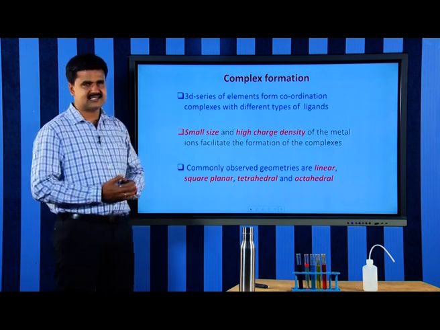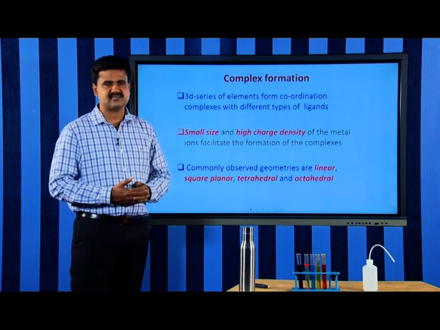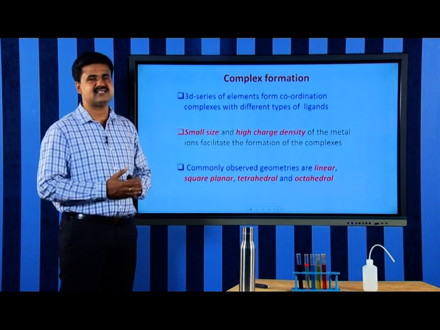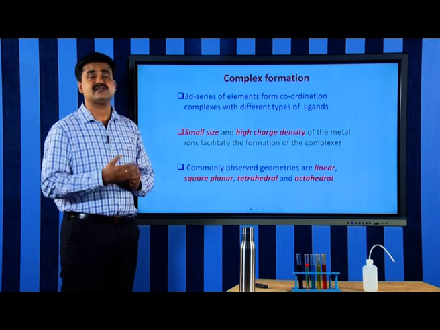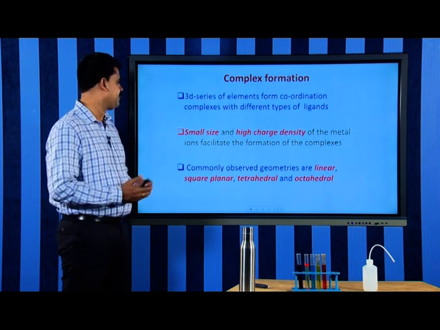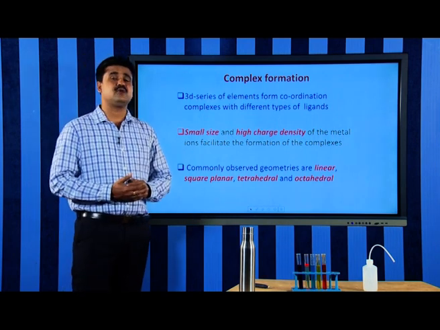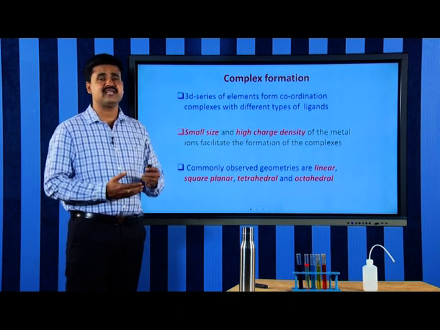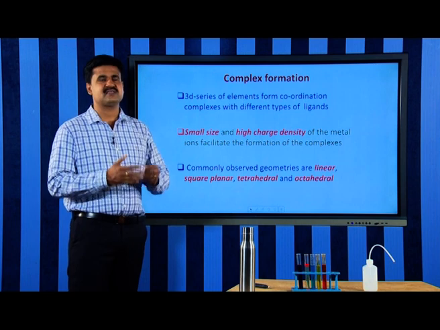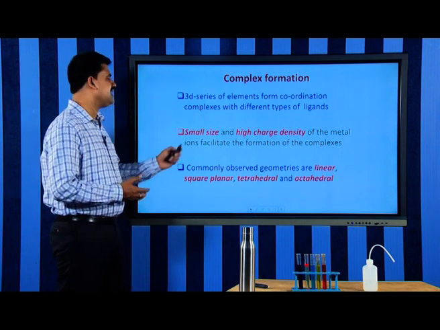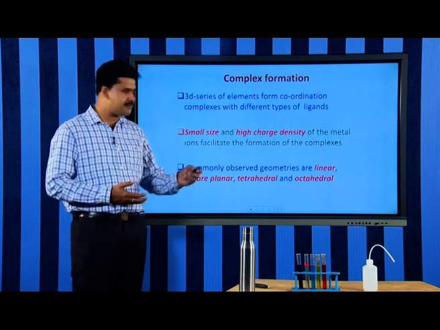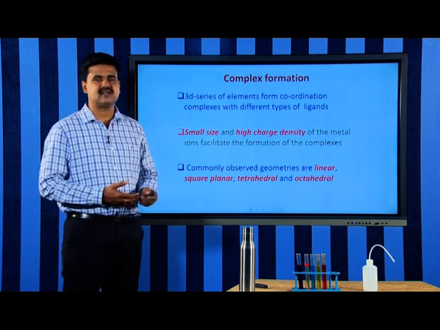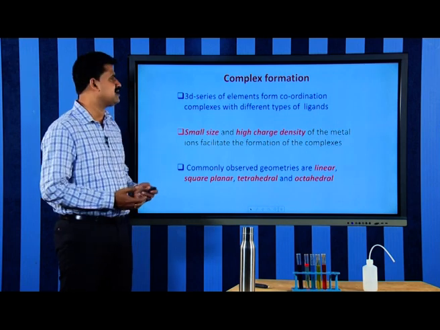The small size and high nuclear charge associated with 3d series of metals favor the coordination complex formation. Now, commonly observed geometries of the coordination complexes formed by 3d series of metals. The common geometries are linear, square planar, tetrahedral and octahedral geometry.